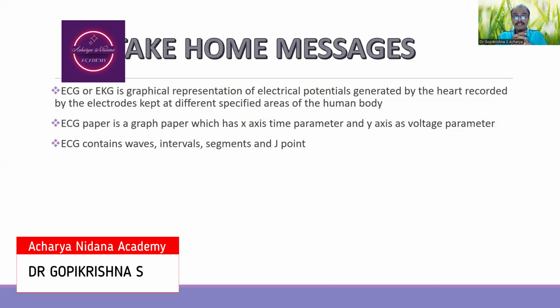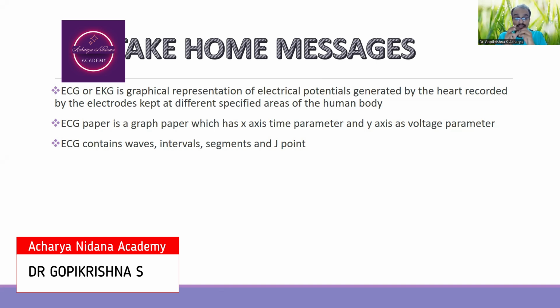This is recorded on electrocardiographic paper, which is a graph paper with a small square of 1 mm width and height and a large square of 5 mm width and height. The x-axis represents time and the y-axis represents voltage.